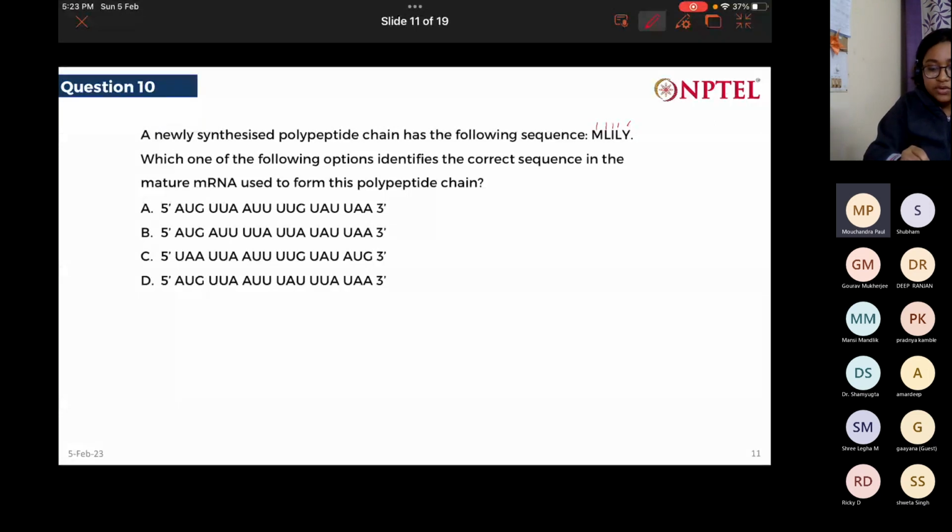Which one of the following options identifies the correct sequence in the mature mRNA that is used to form this polypeptide chain? You first have to get the sequence of codons corresponding to each amino acid. The website gives it for DNA, so you have to convert it for RNA, simply replacing thymine with uracil. Then write the sequence. The answer will be that only.